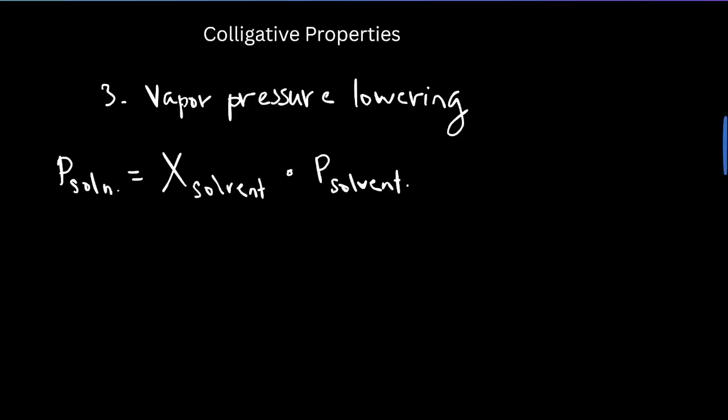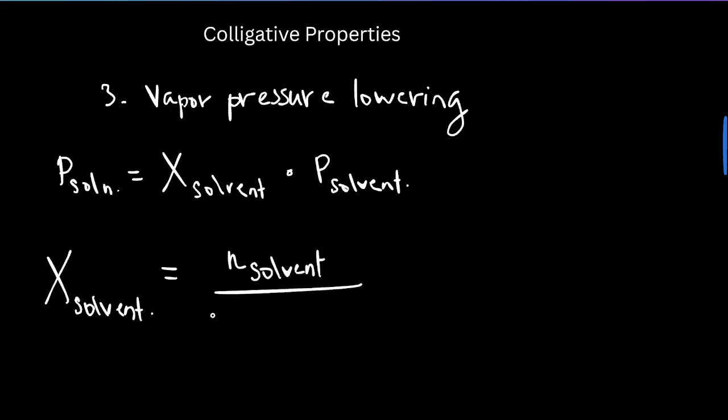And so something that may jump out at you is this X. What is this mole fraction? What does that mean? Well, your mole fraction is, as the name would suggest, the fraction of moles that your solvent makes up in a solution. So, of the total number of moles. So let's say that we have a solution, the mole fraction would simply be the number of moles of our solvent divided by the total number of moles.